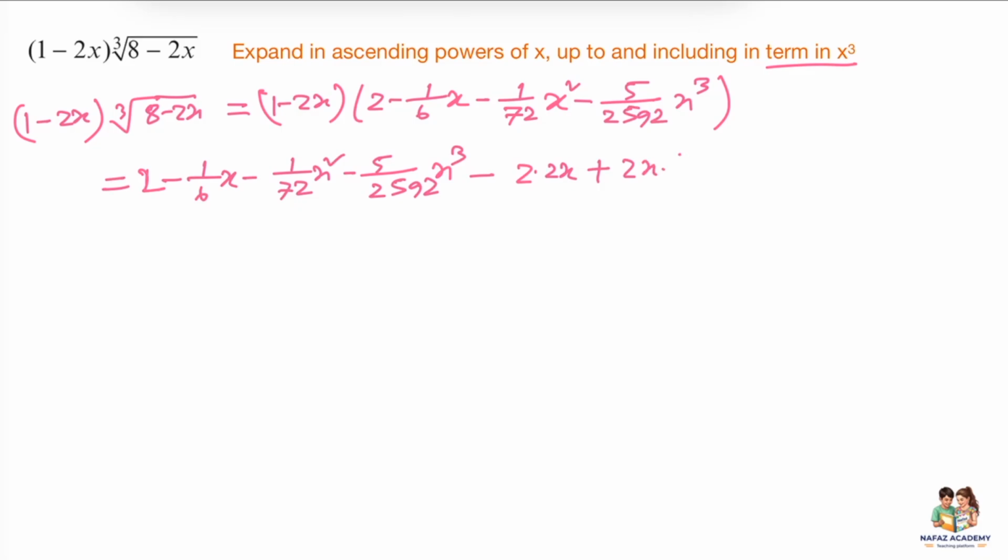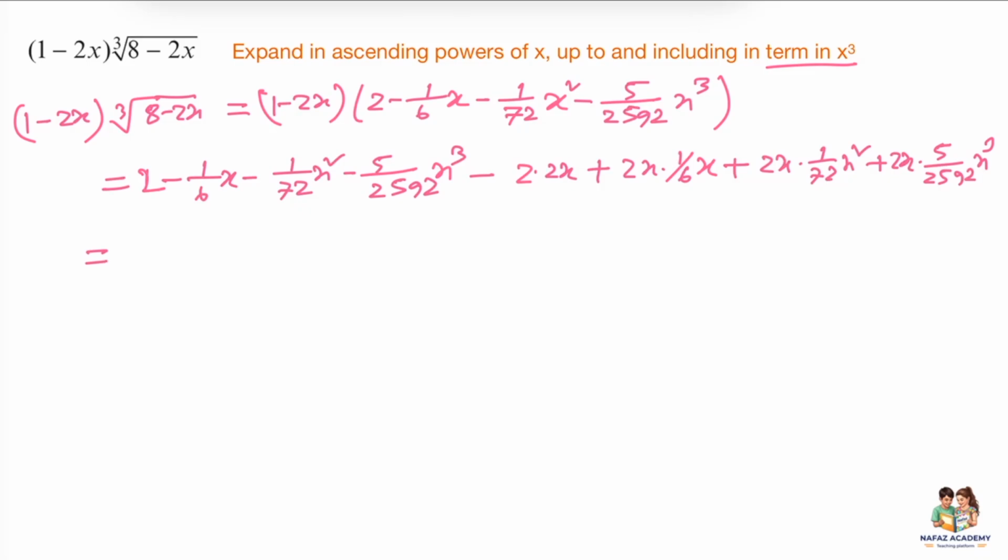Including terms of x to the 3, you have to show all of this in ascending order. It is 2x times 5 over 2592 x to the power 3.